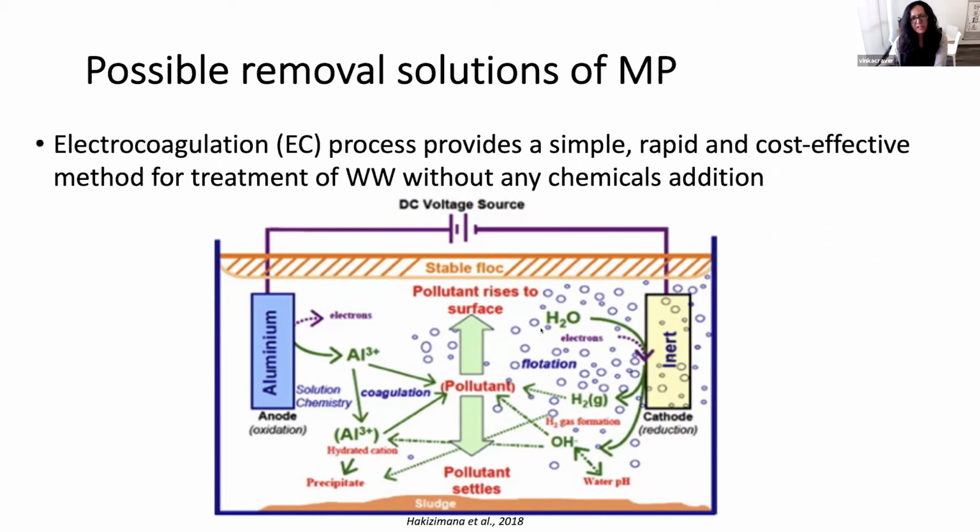During this process, at the cathode there's going to be the production of some microbubbles, mostly from the dissociation of water molecules, producing microbubbles of hydrogen.